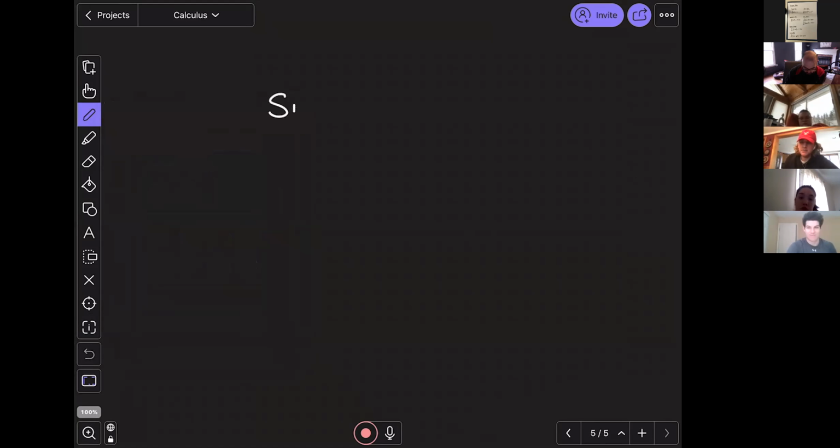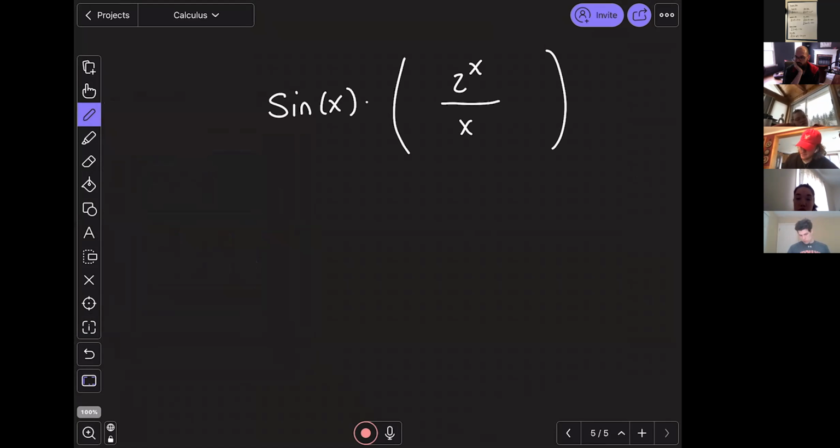If I had a function like sine of x times 2 to the x over x, something like this. If you were thinking about it this way, then you could use a product rule first and then your quotient rule. Or you could rewrite this.